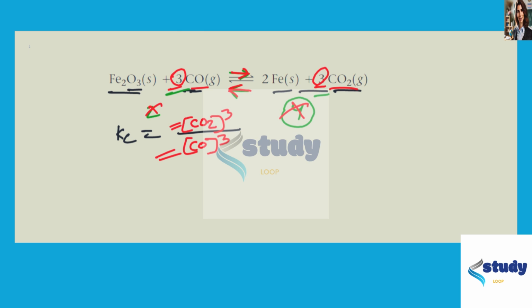That's why increasing the volume of the reaction vessel did not increase the amount of the product, or the rate of the reduction of Fe2O3.